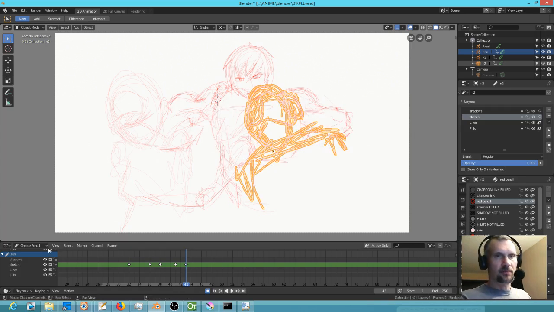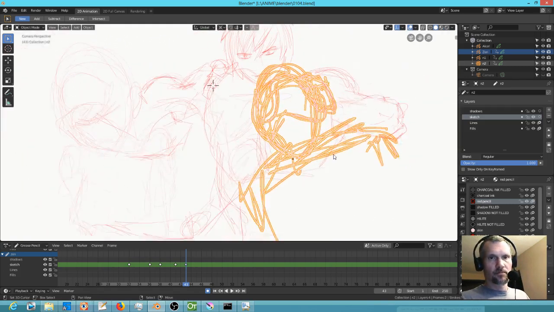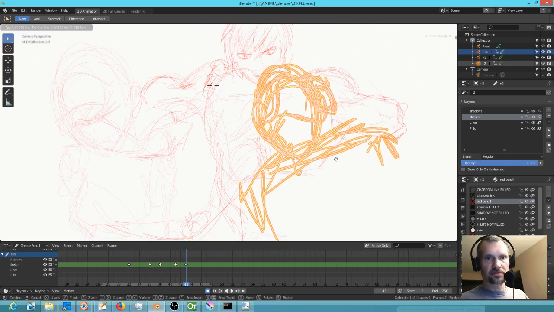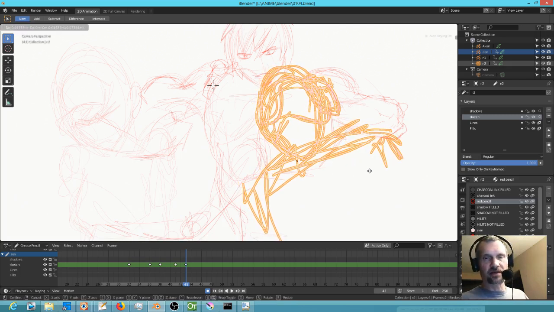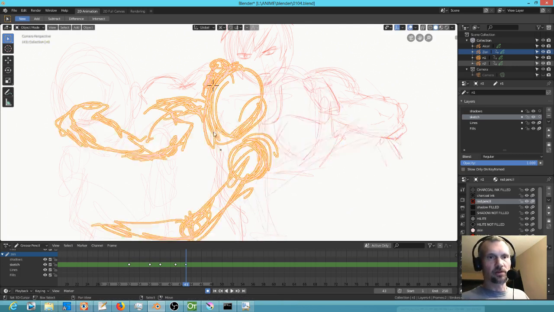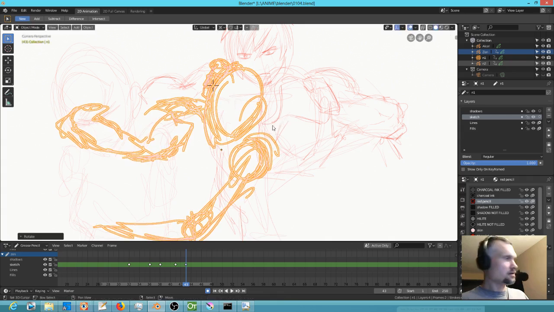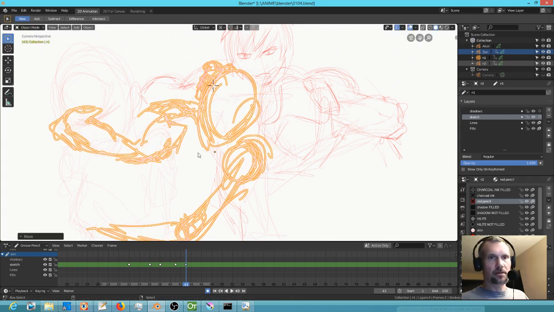All right, so what I'm going to do now is I'm just going to go ahead and pull these guys back a little. Whoops. Hit the G key, and I'm hitting shift so that it really slows the movement down. Okay. G key, boom.